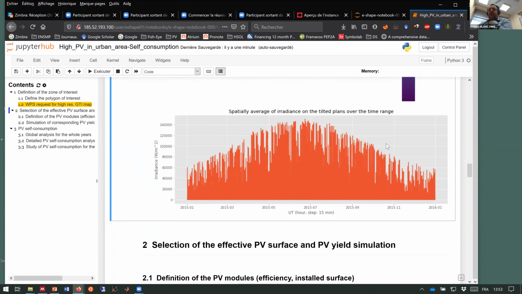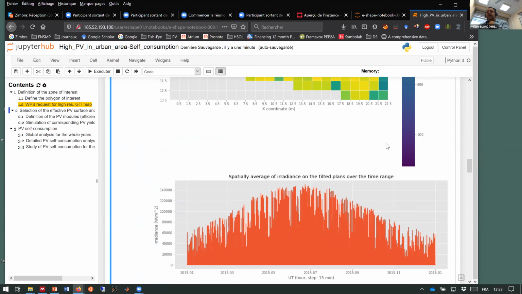So we have seen the results of the WPS, which is a matrix of global tilted irradiation every 1 meter in the bounding box of the polygon I have selected, every 15 minutes in the time range I have selected. So it's a large amount of information I get. And this is a way to first look at this information.